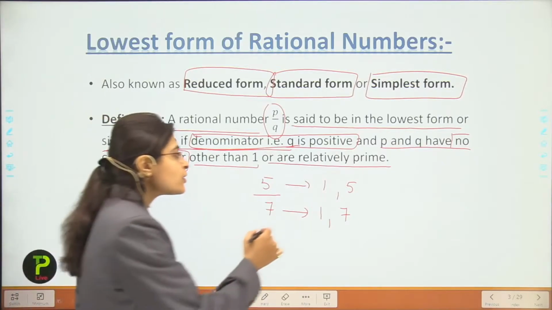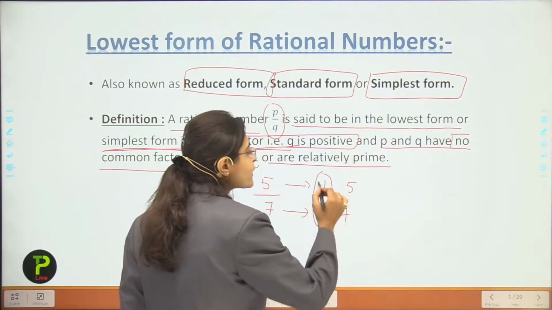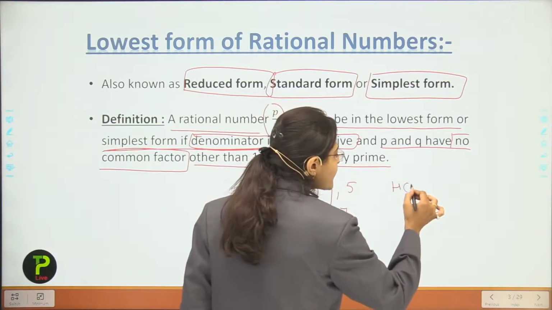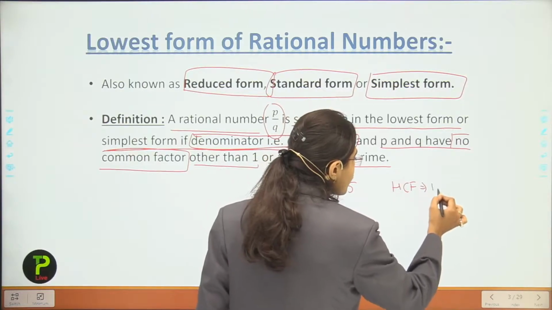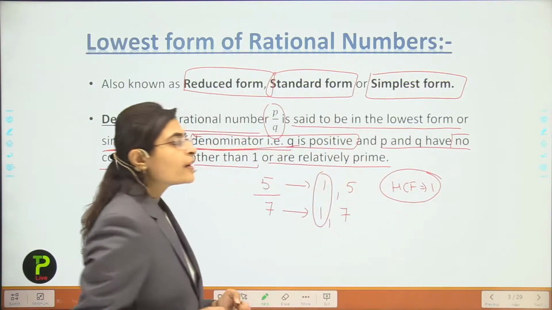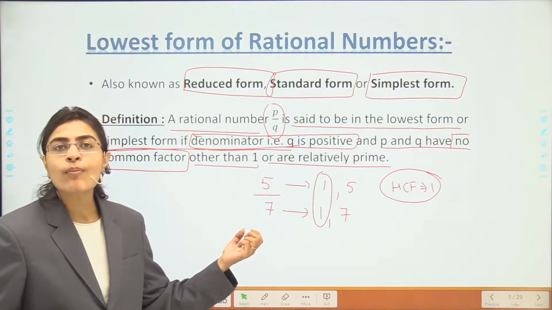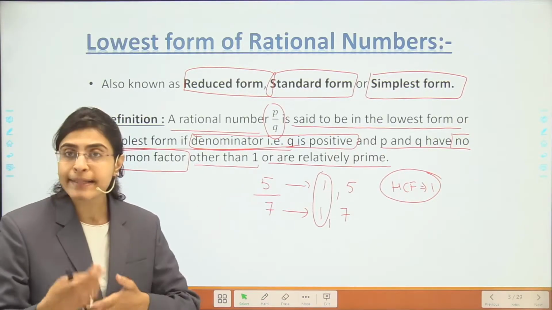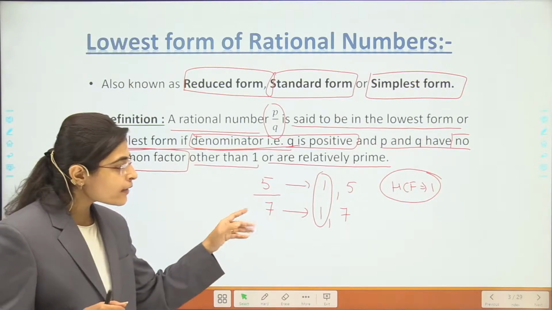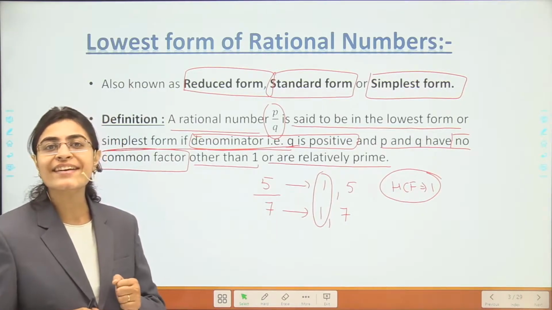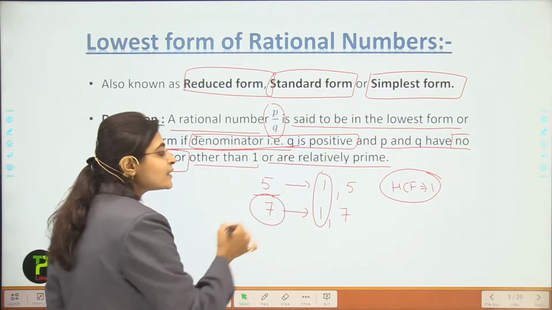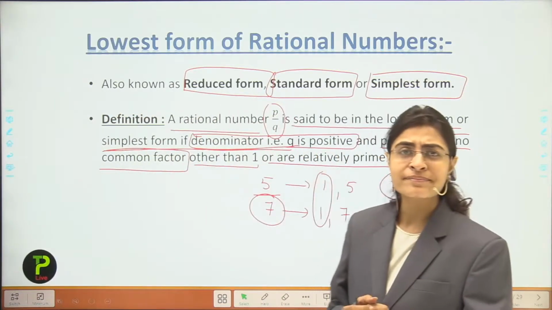So they have only one common factor, that is 1, therefore the highest common factor HCF is equal to 1. Here they are in standard form, they can't be further cut. And the denominator 7 is also positive, as it should be.